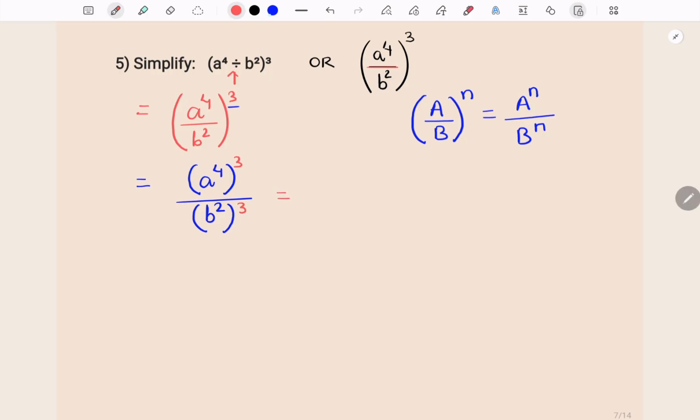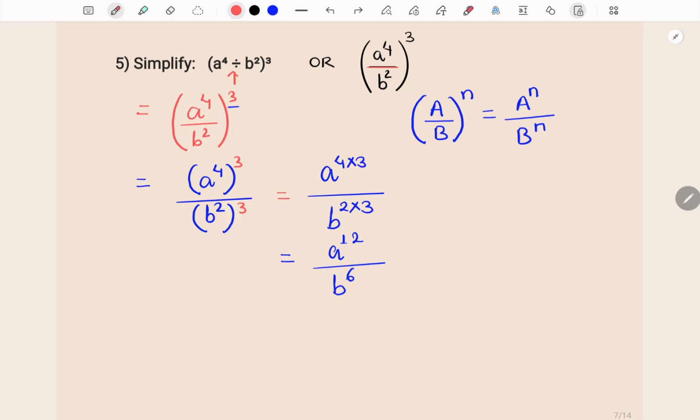Now this becomes a very simple case of power of a power. In case of power of a power, we multiply the indices, so that gives a raised to the power 4 multiplied by 3 over b raised to the power 2 multiplied by 3. 4 multiplied by 3 gives 12 and 2 multiplied by 3 gives 6.